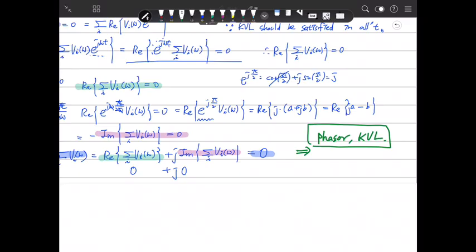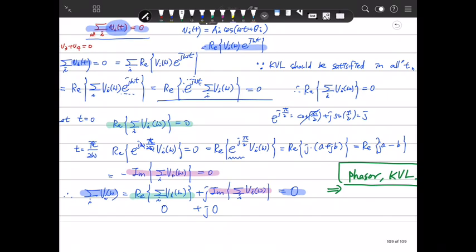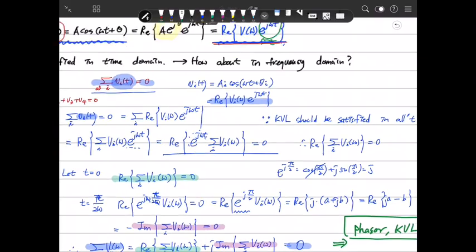KCL can be expressed in the same way. When you analyze an electric circuit in the time domain, we use KCL and KVL. So if we want to analyze in phasors, we need to check that phasors satisfy KCL and KVL. Through these procedures, we can prove that we can use KVL and KCL with phasors.